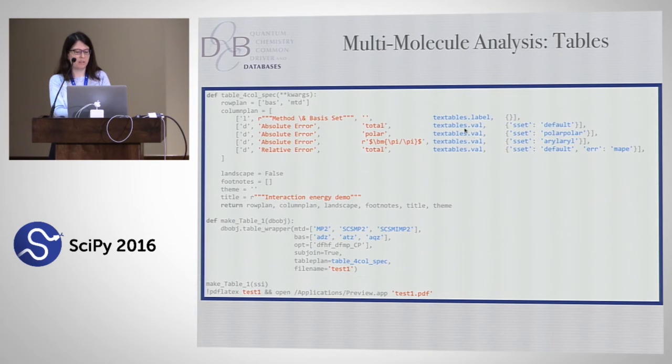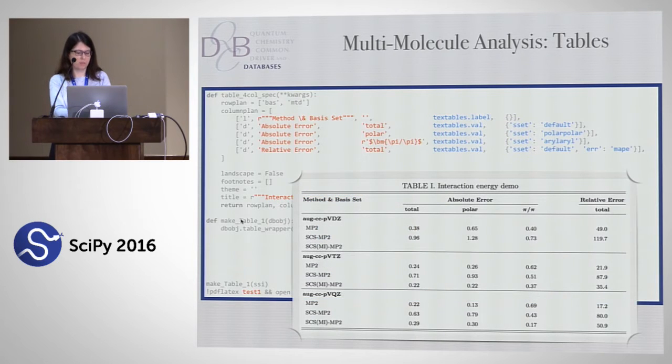We want it to print the values within the table, and then any restrictions on the data set, either the overall or some chemical subset or a different error quantity. And then for the rows, iterating over some quantum chemical fields. So these commands will generate a fairly decent looking table.